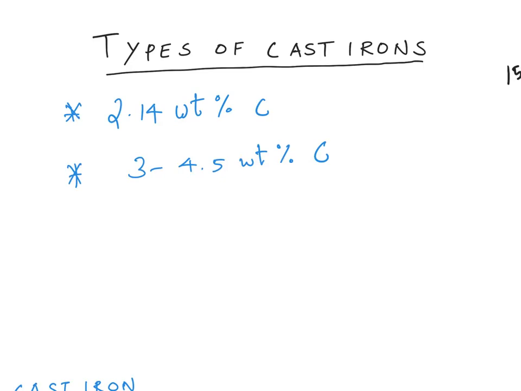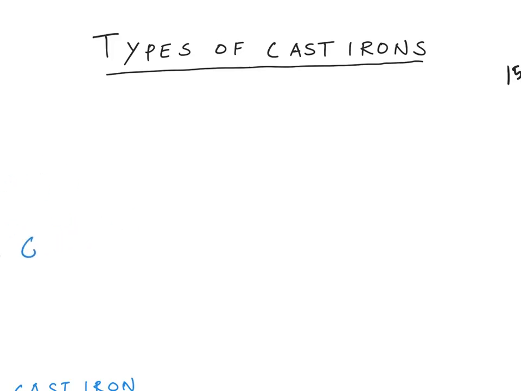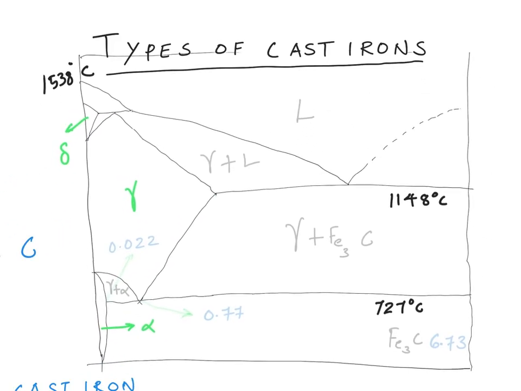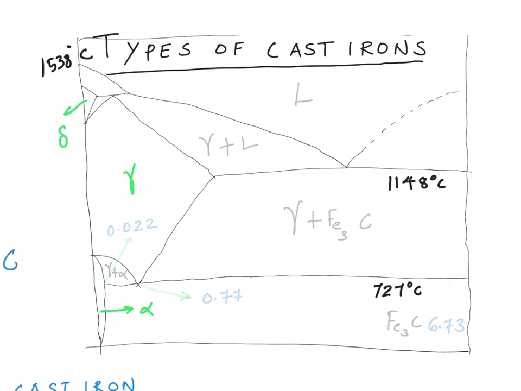With the help of a phase diagram, we can explain that. So this is a very rough schematic of the iron carbide phase diagram. On the y-axis you have temperature, on the x-axis you have the amount of carbon present in the alloy. As you can see here, when I have 0% carbon, the melting point of my parent material, which is iron, is around 1538 degrees Celsius.